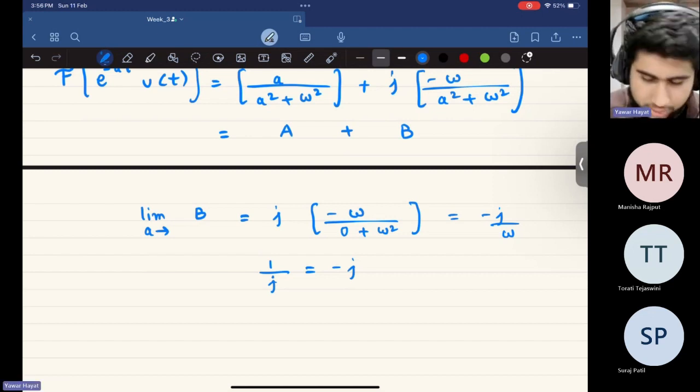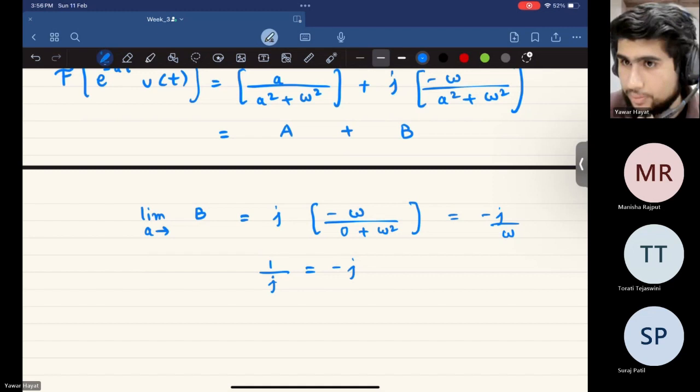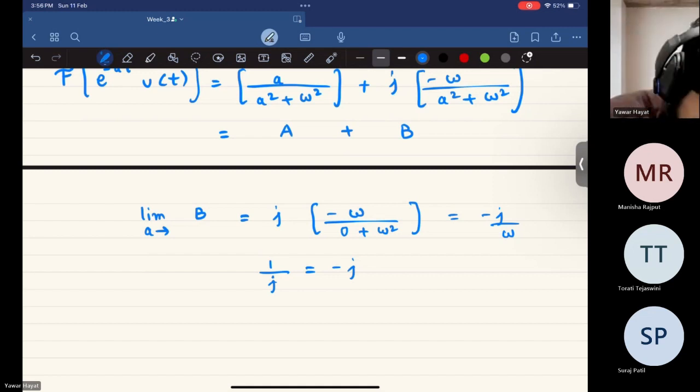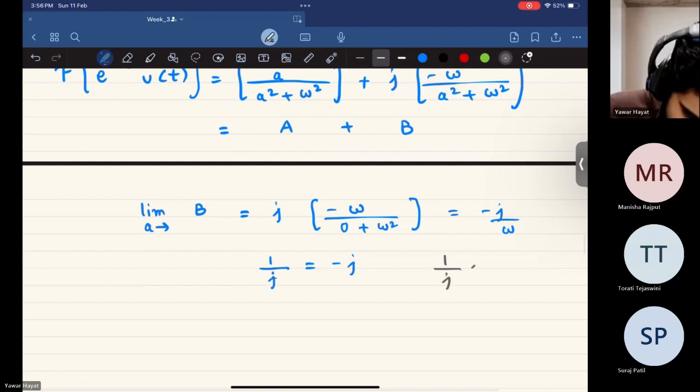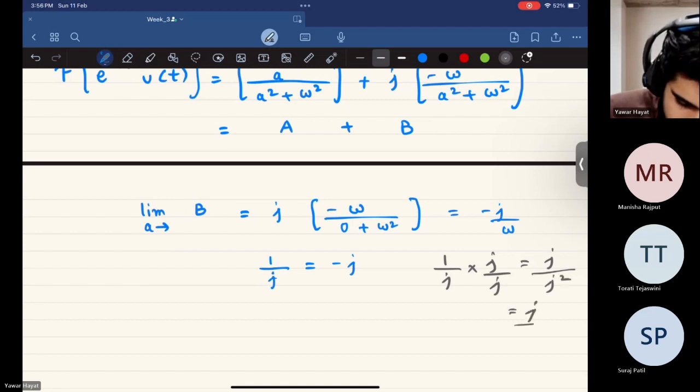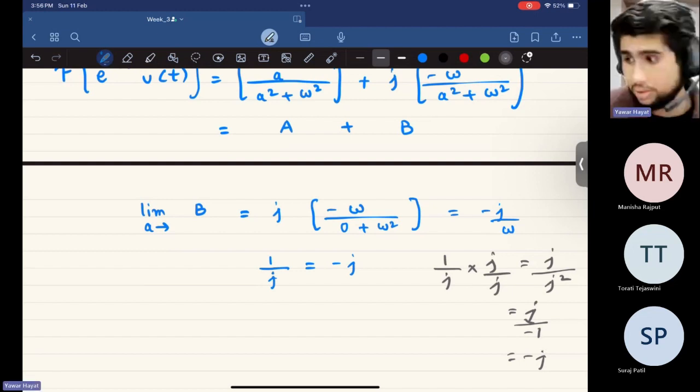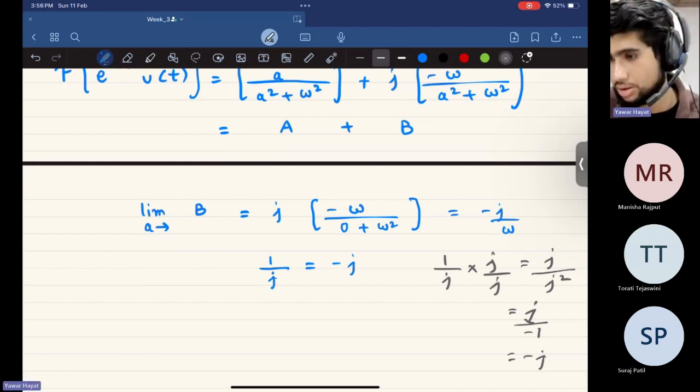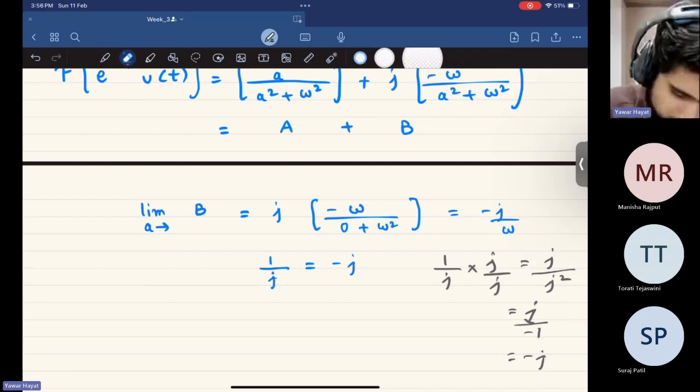Have I made some mistake or none? 1 by j can be written as 1 by j times j by j, and ultimately we get minus j, right?